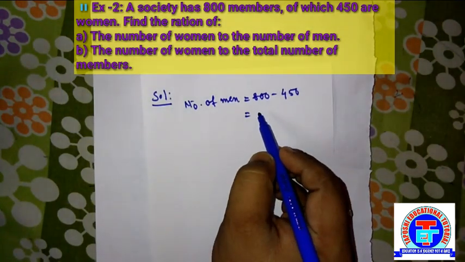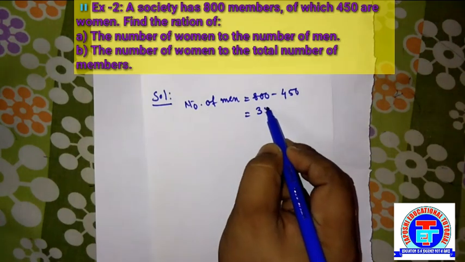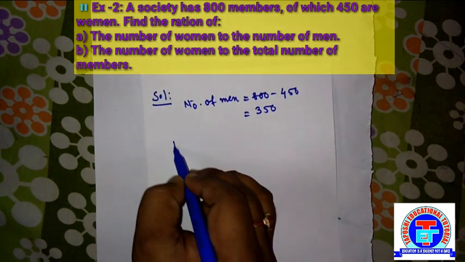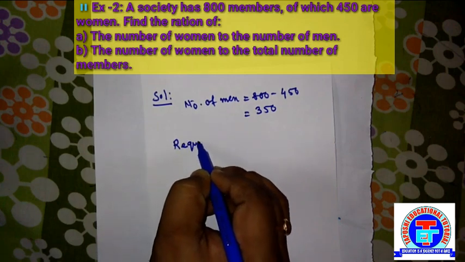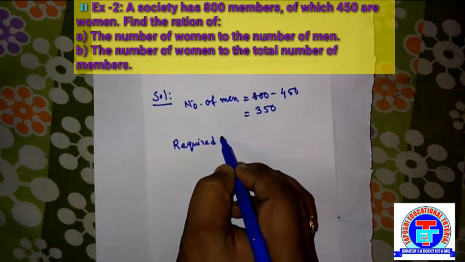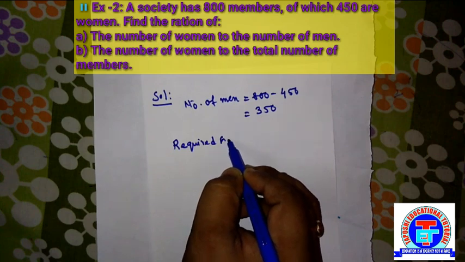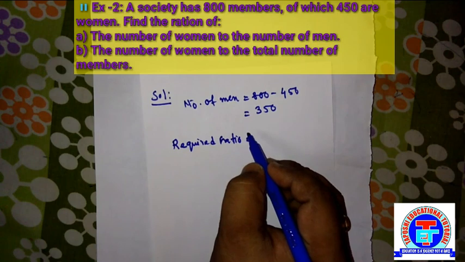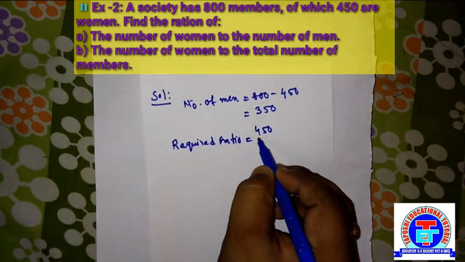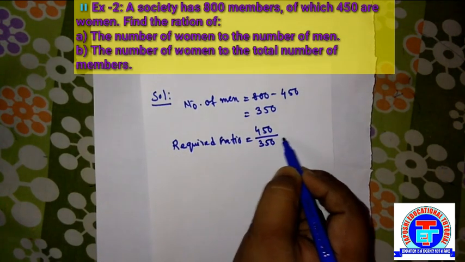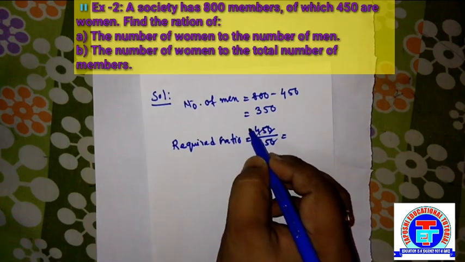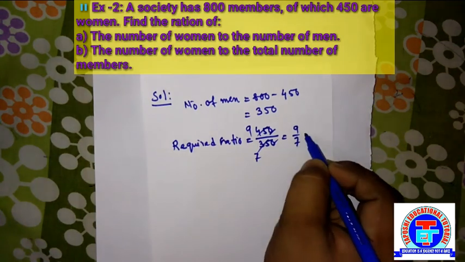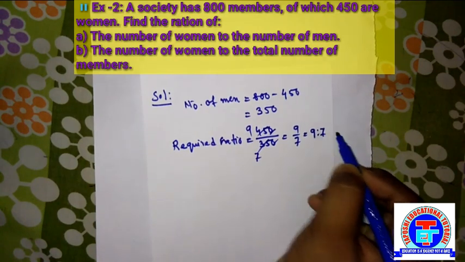That comes to 350. Now the required ratio is equal to 450 divided by 350, which is 9 by 7. That means 9 is to 7.